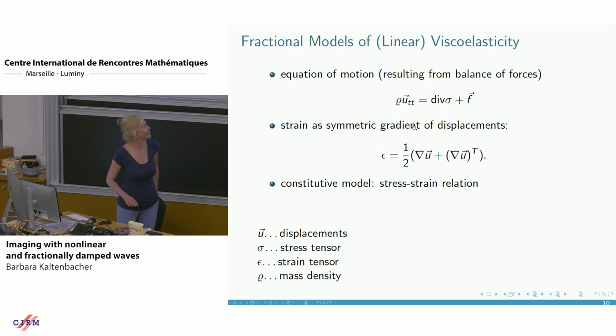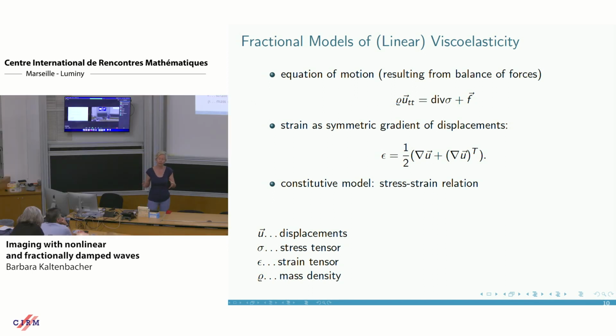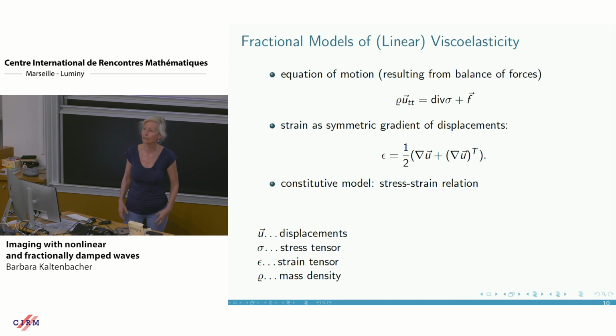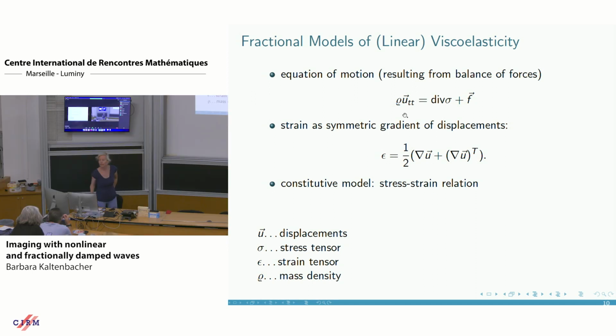So let me insist on this point, because as you might recall, whenever we have a divergence in the equation, it comes from using volumetric balances, so looking at an arbitrary test volume and taking a balance over the flux through the boundary, and through Gauss divergence theorem, from this flux through the boundary we get a divergence term. Somewhat similarly also in elasticity, and then it's really the classical divergence and nothing else.